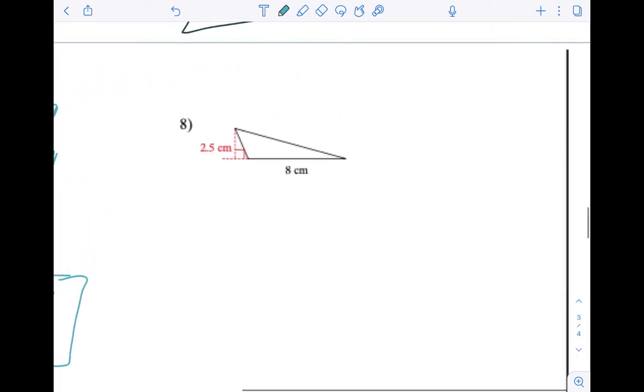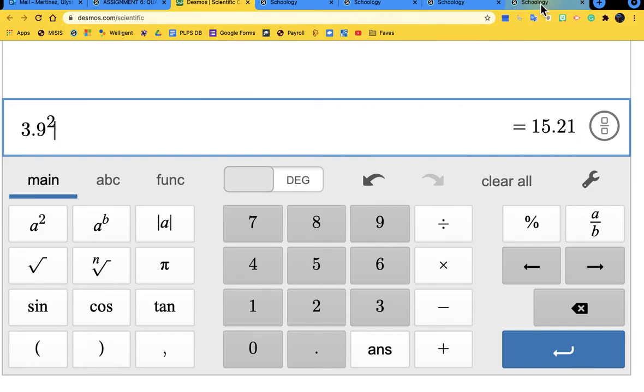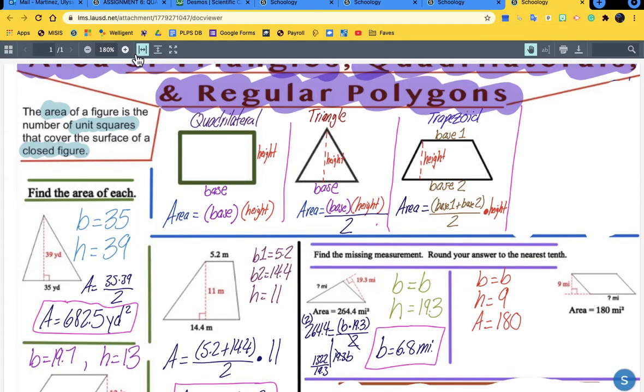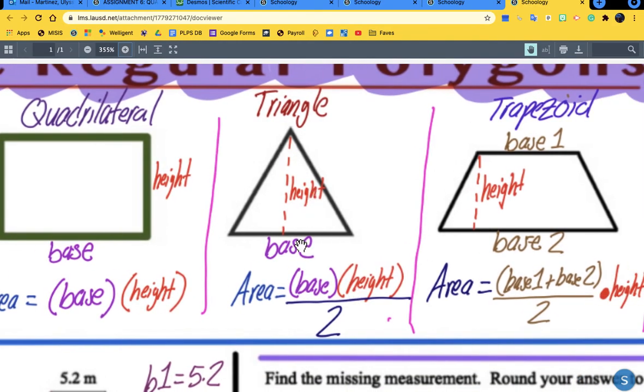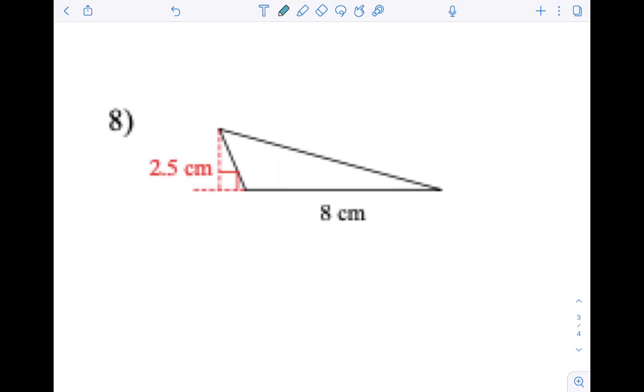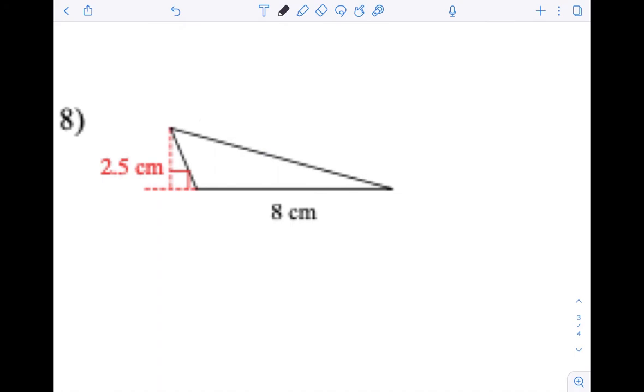All right, number 8 is a triangle. We're dealing with the area of a triangle, which says I need a height and a base. Base times height divided by 2. Okay? I need a height and a base. Base times height divided by 2. I need a base and a height.